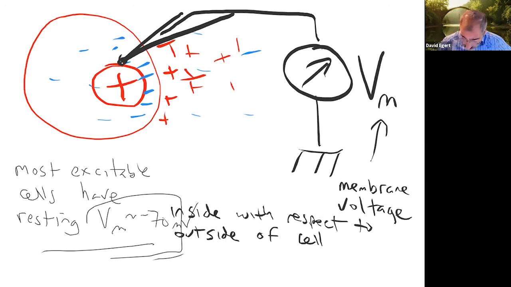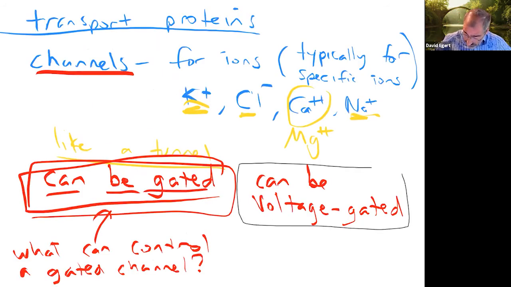So when I'm saying that an ion channel can be voltage gated, it means that it's going to monitor the voltage across the membrane, and in one condition it might be closed, in another condition it's going to be open.